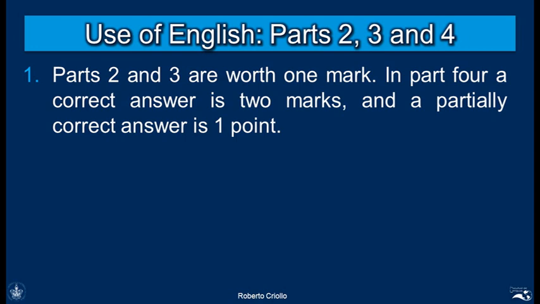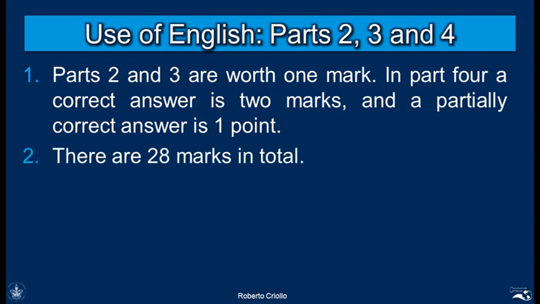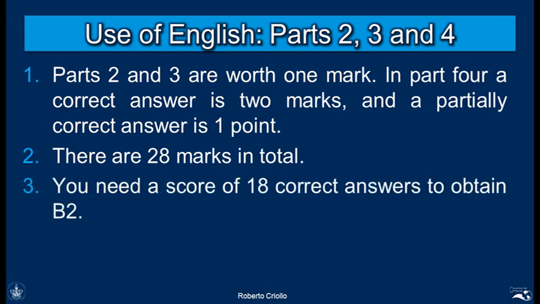Now another thing that is important for you to remember is that there are 28 marks in total. That means that if you have all of the correct answers in this section of the test, you will get 28 points. And you need only 18 points, 18 correct answers, in order to obtain the B2.